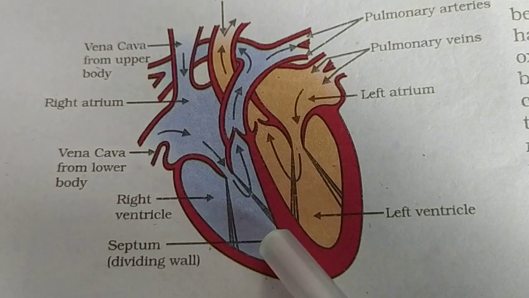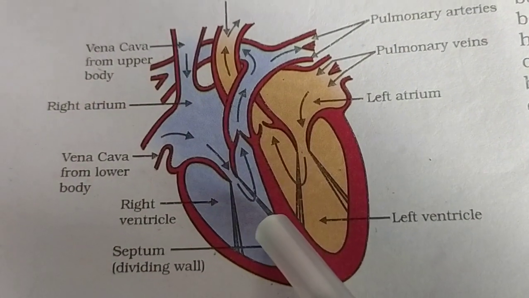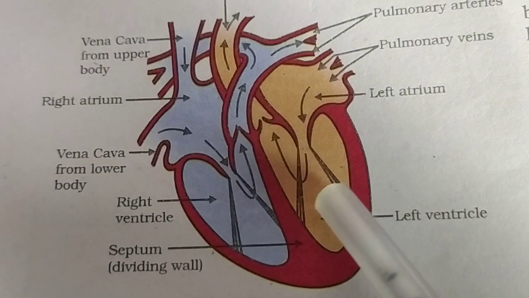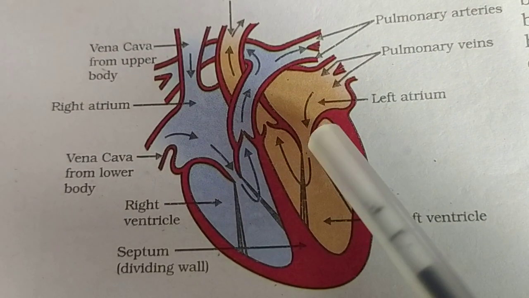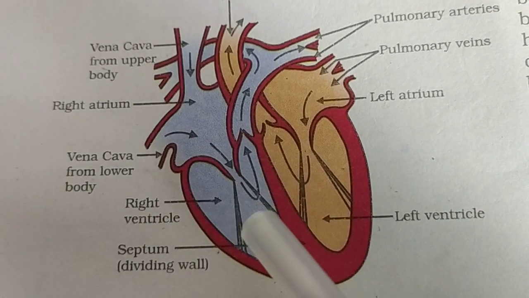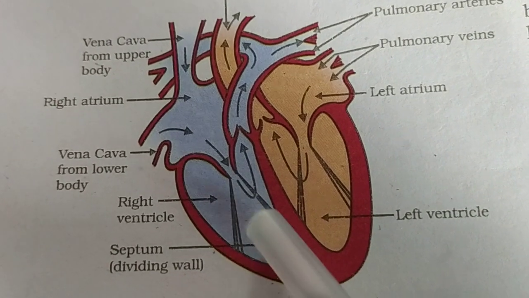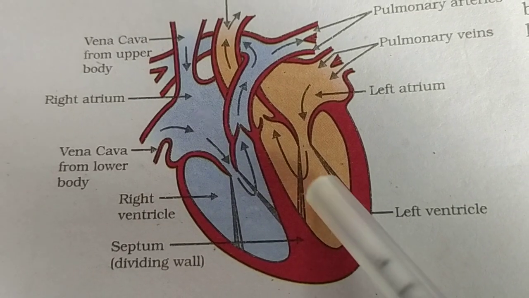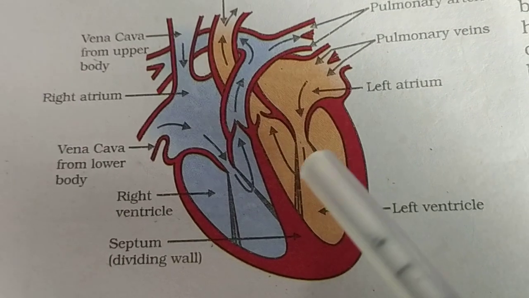Again, when the ventricles contract, the blood is thrown upward, but these two parts have valves, and because of the valves, the backflow is not allowed, and hence it cannot go from the ventricle to the atrium. Hence from the right ventricle, it has to go to the pulmonary artery, and from the left ventricle, it has to go to the aorta, and hence backflow is avoided because of the valves.